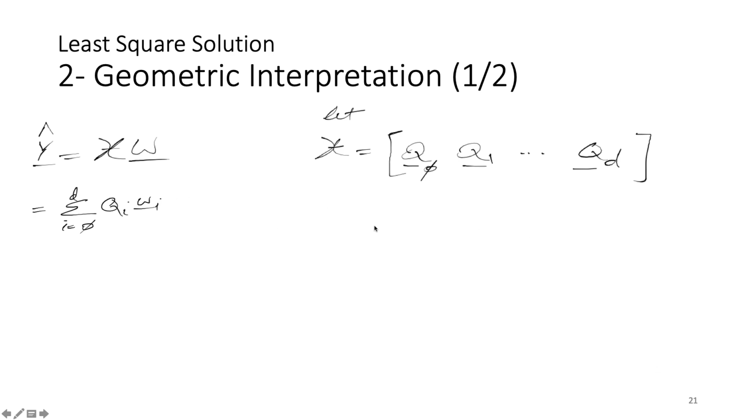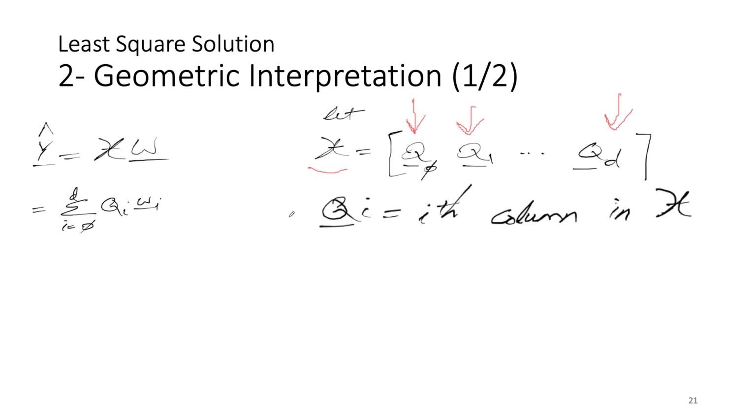So here we have X, and we have all the Q's, Q0, Q1 up to QD, and these are for each of the columns of your X. Think about it as a linear combination per column of your data, right?